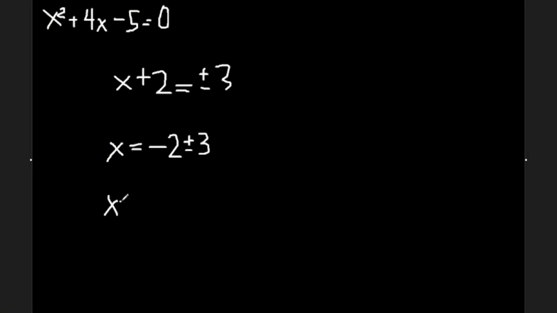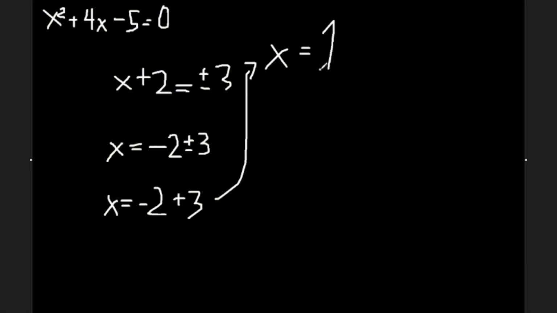So it's x equals negative 2 plus 3. We get x equals 1, and x equals negative 2 minus 3, which is equal to negative 5.